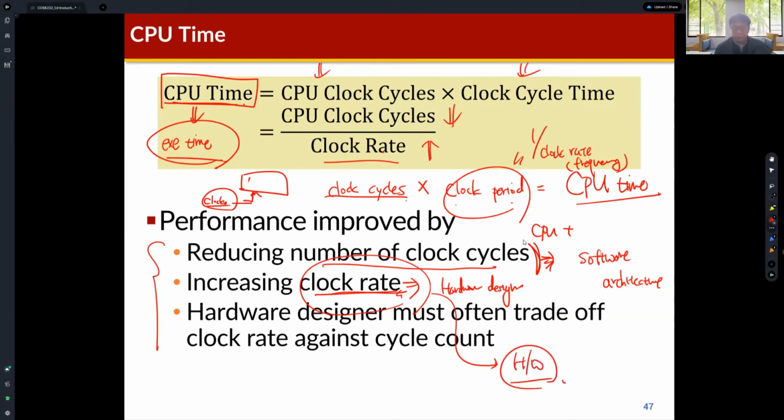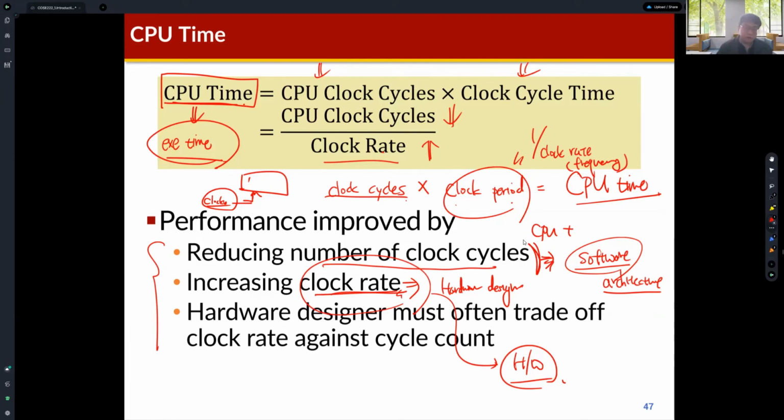So clock rate is usually determined by hardware. The number of clock cycles, I mentioned, is determined by software and architecture, but usually software. So to increase the performance of a computer system, we can focus on the software part and hardware part.